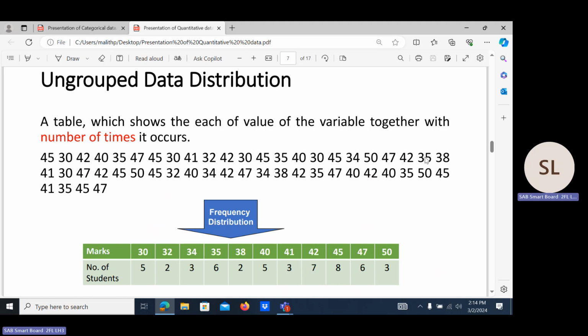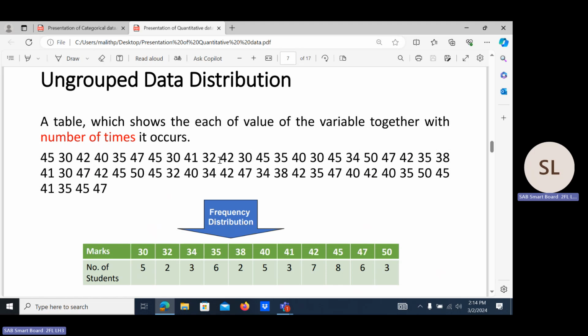Now you know there is a raw data set. The next step is we arrange it in ascending order. Then we summarize the raw data and their array using the ungrouped data distribution.